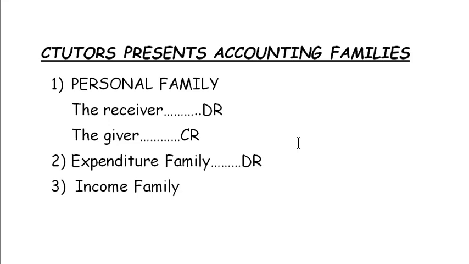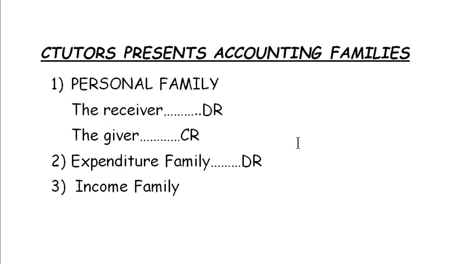Discount received. Business donations. If there are donations to the business, maybe the business carried out one or two programs inviting people to a seminar or whatever, and people donated to the business, all those donations are under the class of income family.